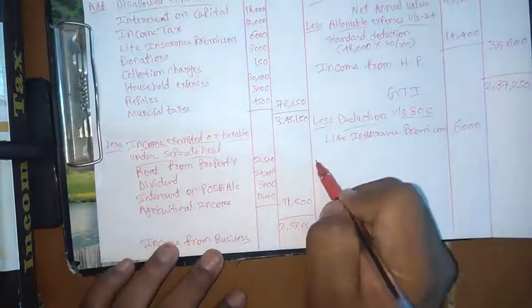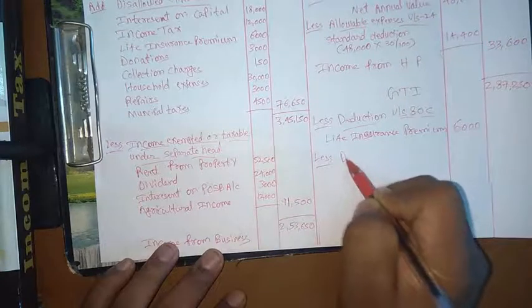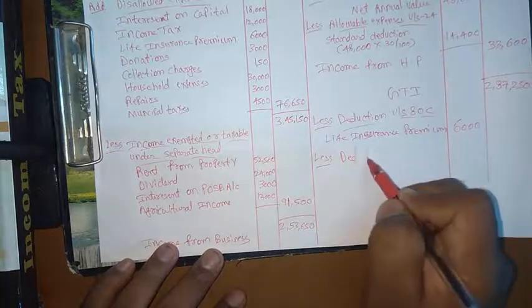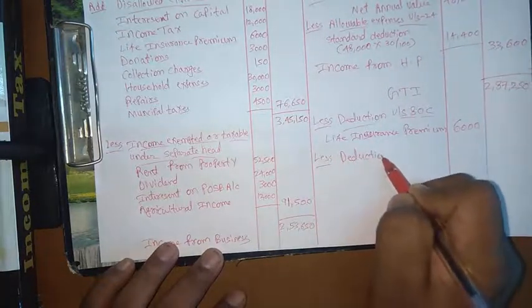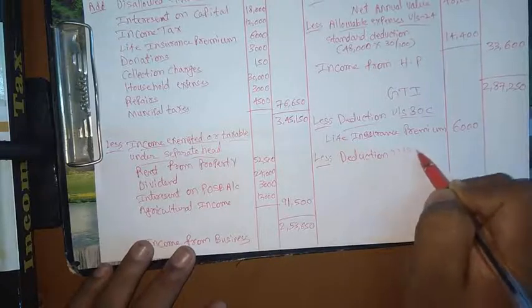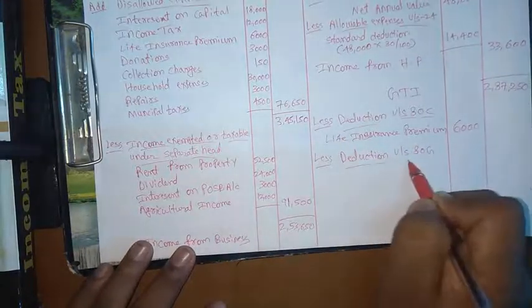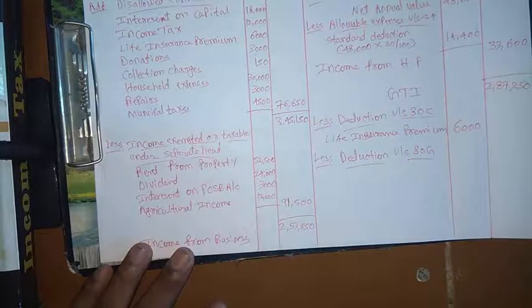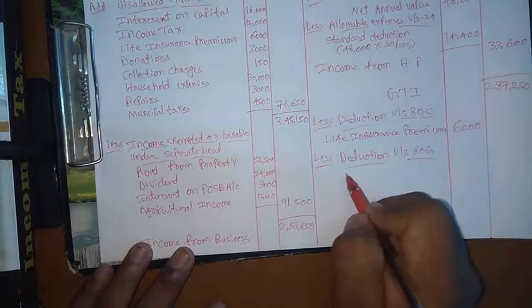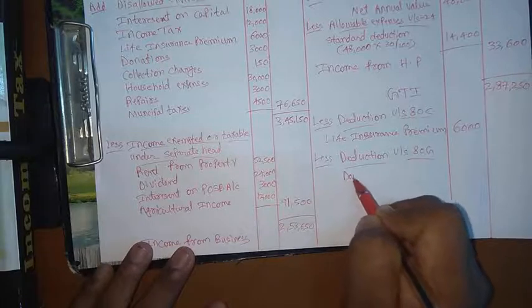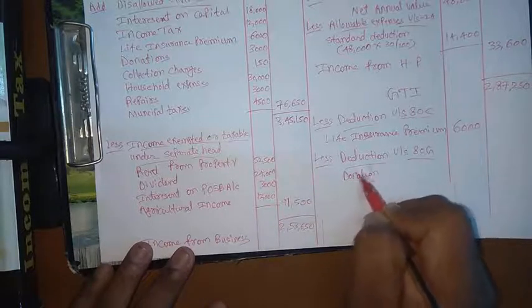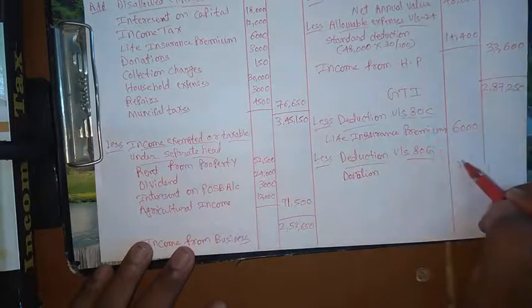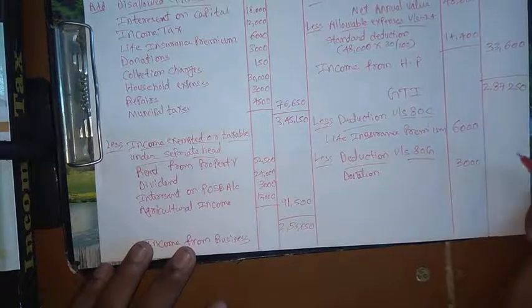Then next, less deduction under section 80G. There is a donation of 3,000 rupees. So we will write donation, it is 3,000 rupees.